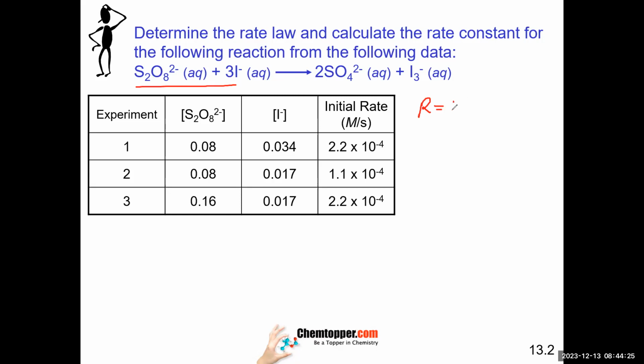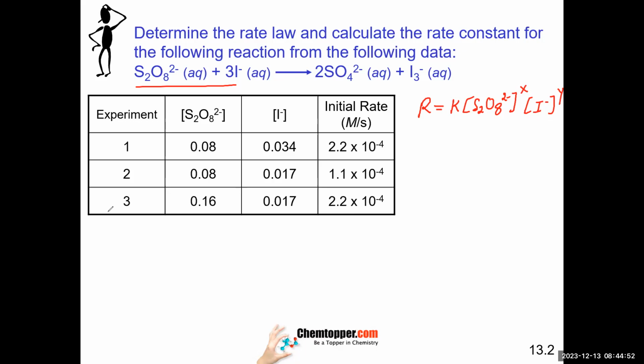Rate equals K times concentration of S2O8 2 minus raised to power x. That x is not 1. Times concentration of I minus raised to power y. Children, done? Now look at this table, get the value of x and y.